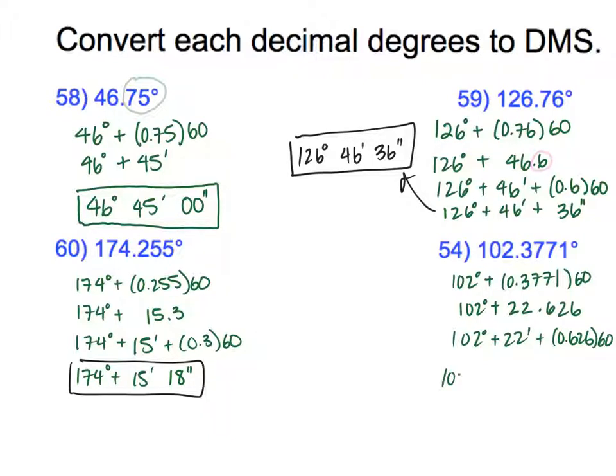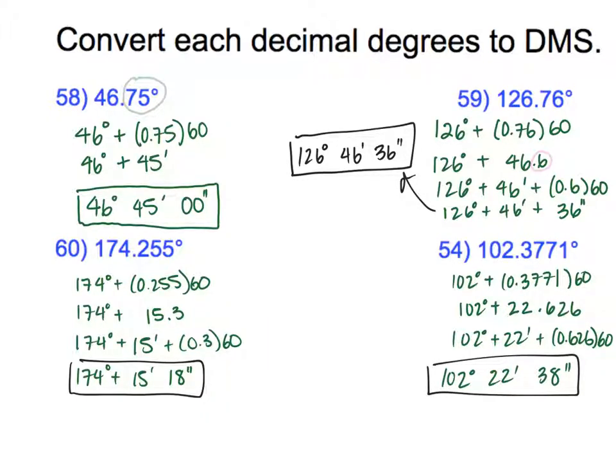I get 37.56, drag it down, 22 minutes, and if I round, I get 38. You always try to round to the whole number of seconds, so 38 seconds is what I get. So here is my number.